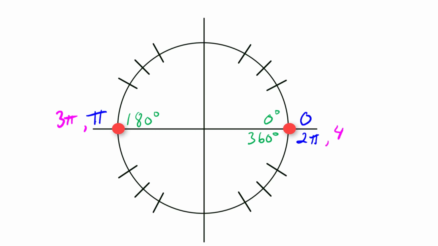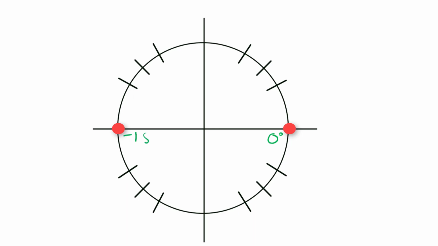The odd number pi's are on the left side, the 180 degree coterminal values, and on the right side are the even numbered pi's. And of course, we can also go in the negative direction, starting at 0 to negative 180 to negative 360. And that would be negative pi and negative 2 pi in their respective positions.